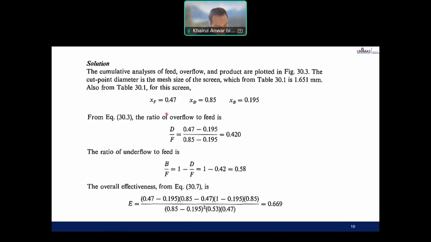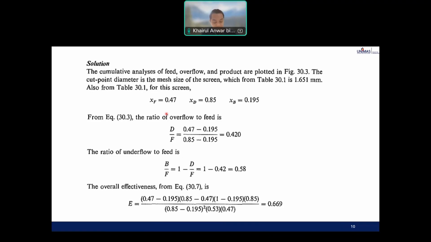If you refer to table 30.1, the fraction smaller than DP in the feed is around 0.47 only. So from the 0.47, 0.85 is the overflow.